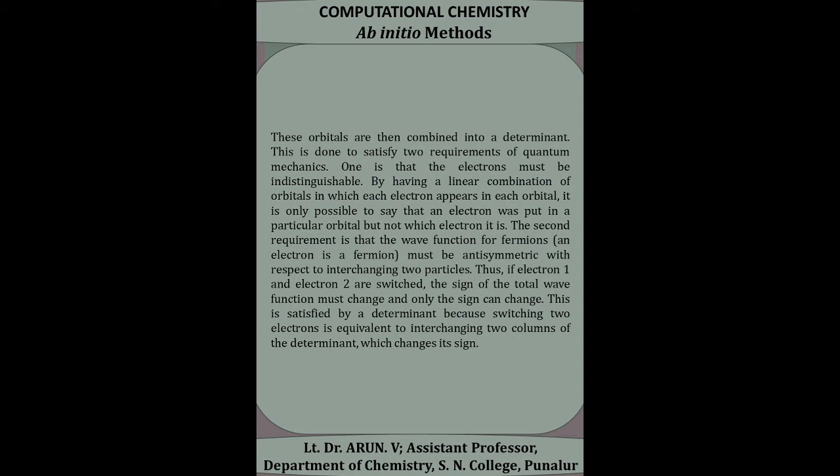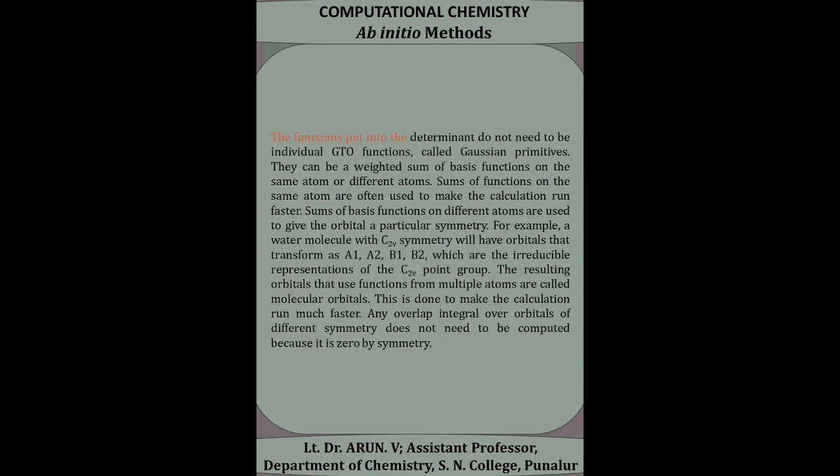The second requirement is that the wave function for fermions must be antisymmetric with respect to the interchange of two particles. Thus, if we have two electrons, and electron 1 and electron 2 are switched, the sign of the total wave function must be changed. This is satisfied by a determinant because switching two electrons is equivalent to interchanging two columns of the determinant, which changes its sign.